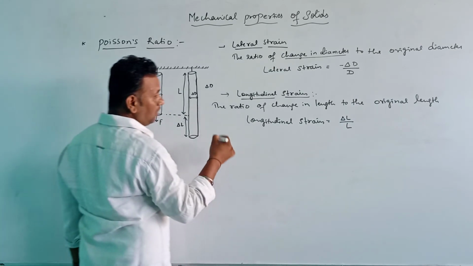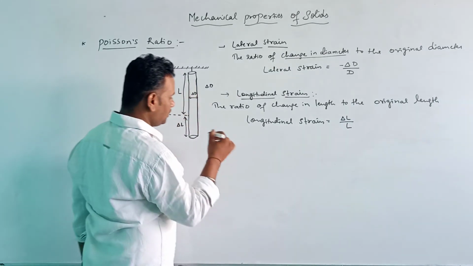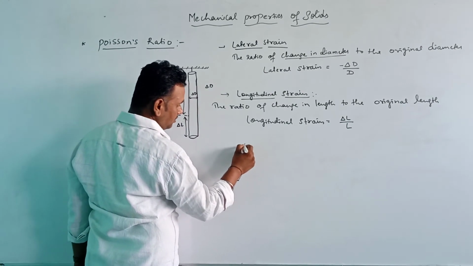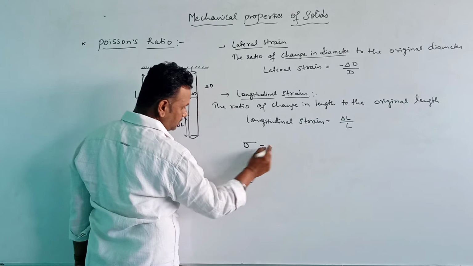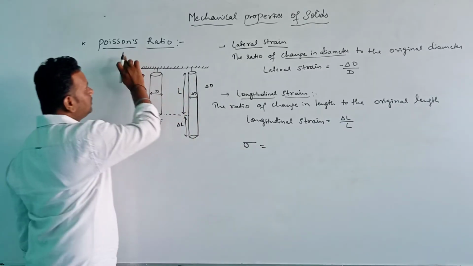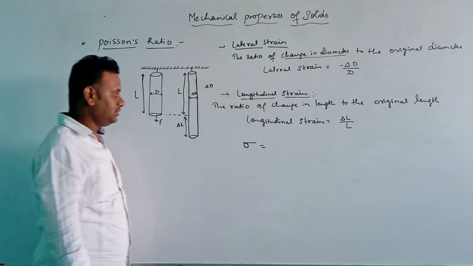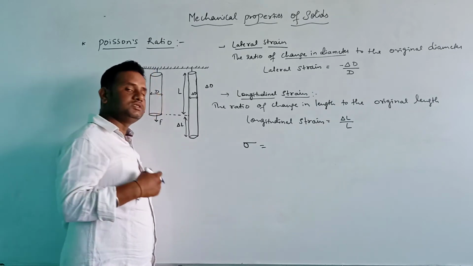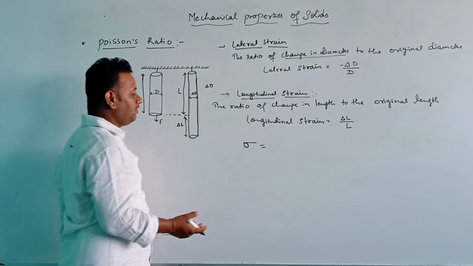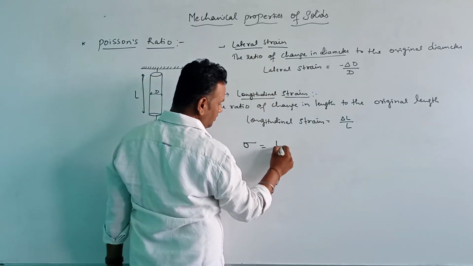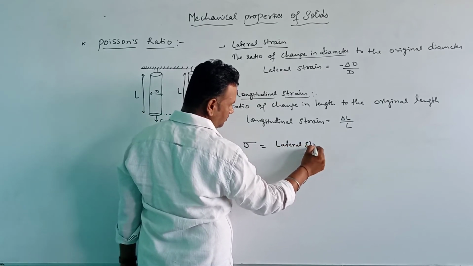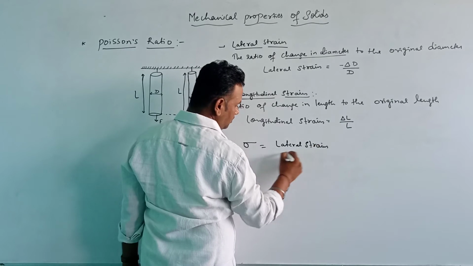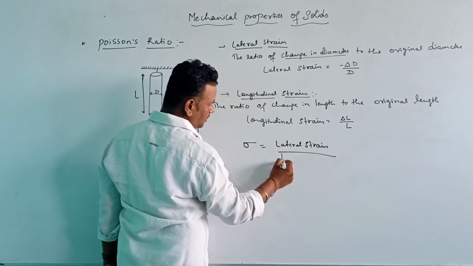Always remember that Poisson's ratio is denoted by the symbol sigma. Poisson's ratio is defined as the ratio of lateral strain to the longitudinal strain.